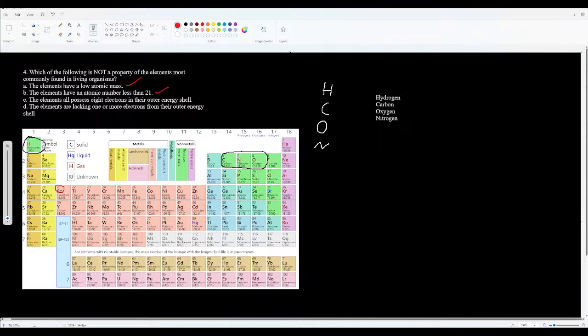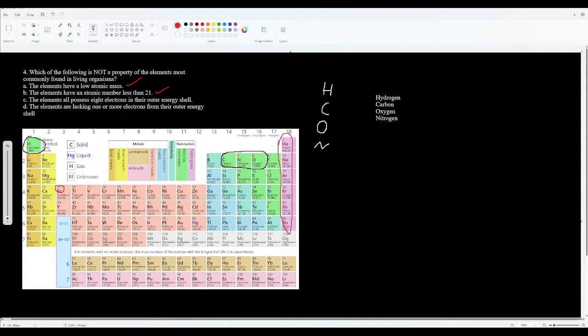So how about C? The elements all possess 8 electrons in their outer shell. Ooh. The only elements that possess 8 electrons in their outer shell, by default, are these ones on this side. These are known as noble gases. Noble gases are stable. They do not want to gain or lose any electrons because they're already set, right?